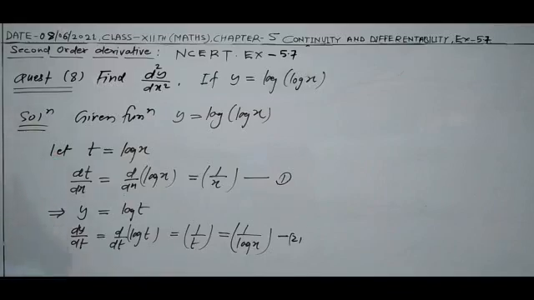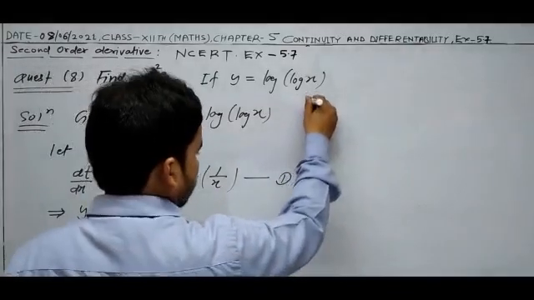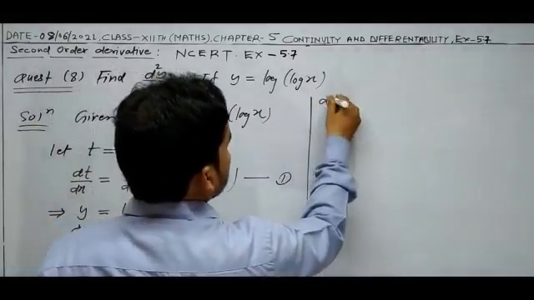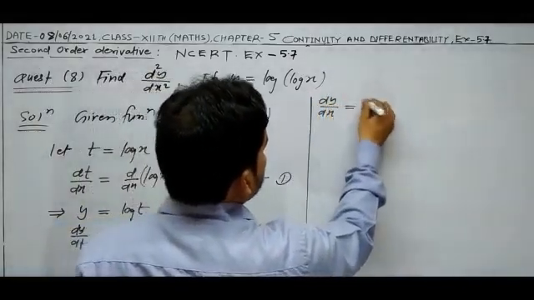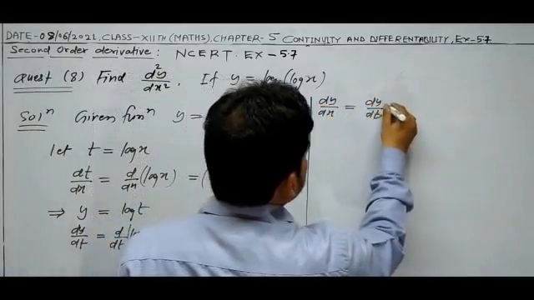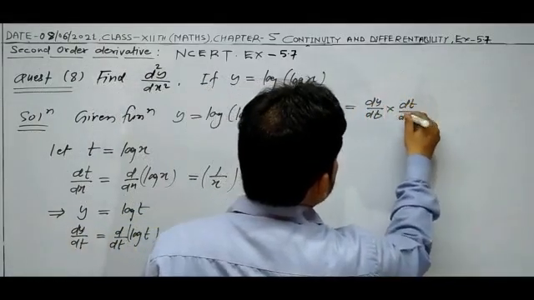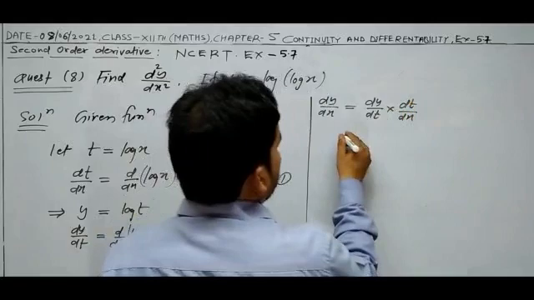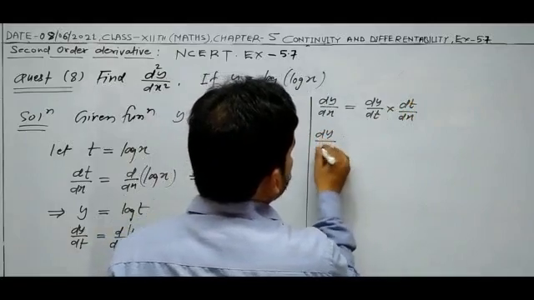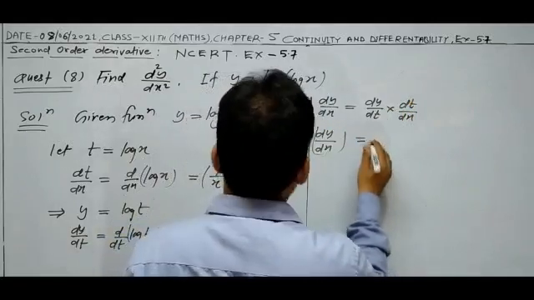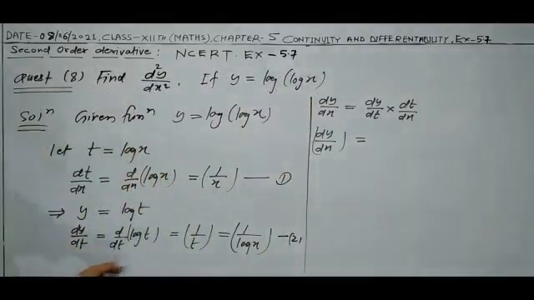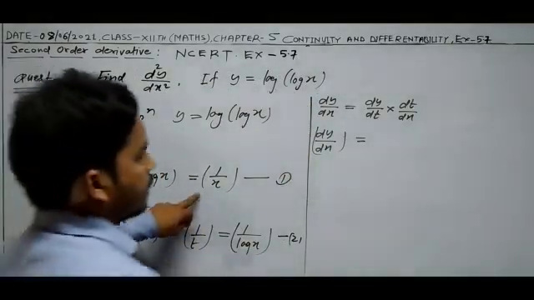So dy by dx can be written as dy by dt into dt by dx, and its result is 1 upon log x times 1 upon x.